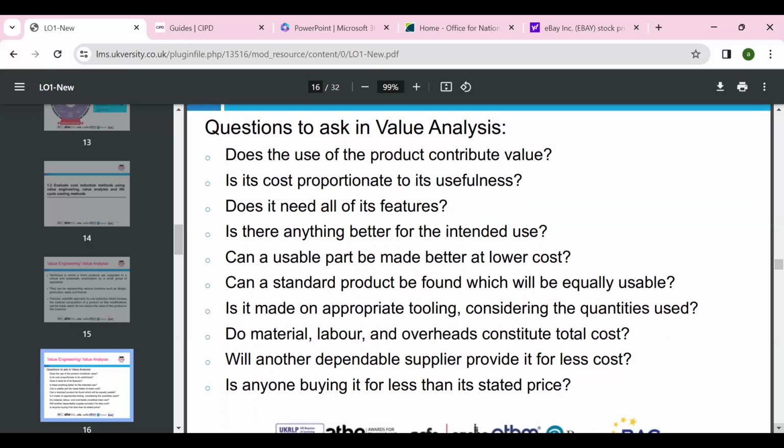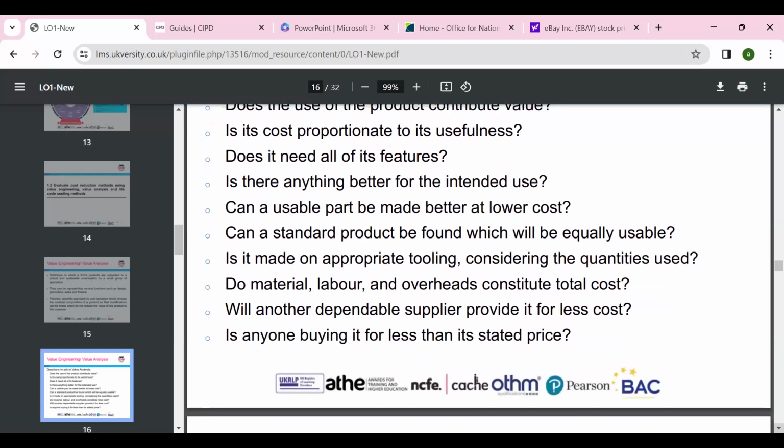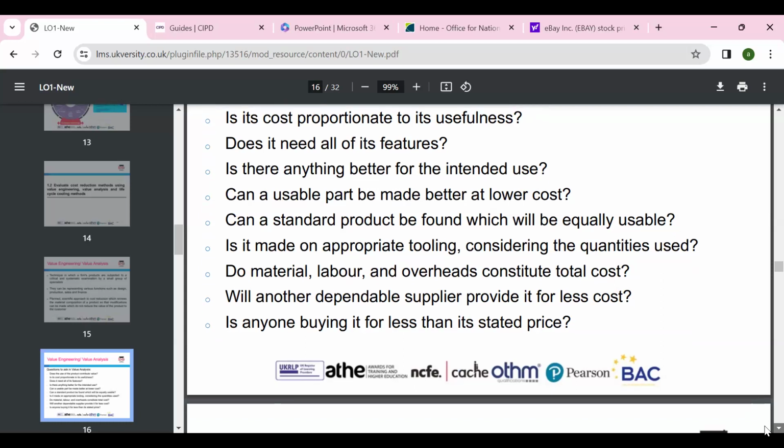We can look around the material, the labor, and overhead that constitute the total cost. We can look at other dependable suppliers who provide for less cost. What will be the quality as well? Is anyone buying it for less? And we can think about EOQ, economic order quantity, when we order things, as well. That's also to keep in view.